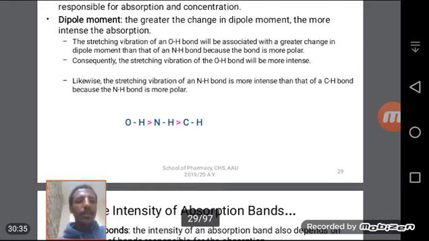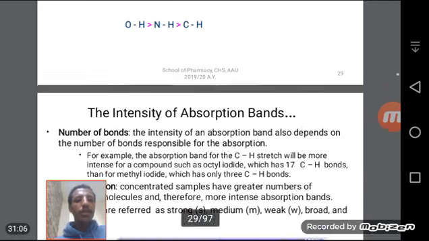That means there is an electronegativity difference that leads to an increase in the frequency of vibration. Order of strength or polarity of the bonds: oxygen-hydrogen is greater than nitrogen-hydrogen, which is greater than carbon-hydrogen. This is because of polarity or electronegativity difference, or partially negative and partially positive difference.